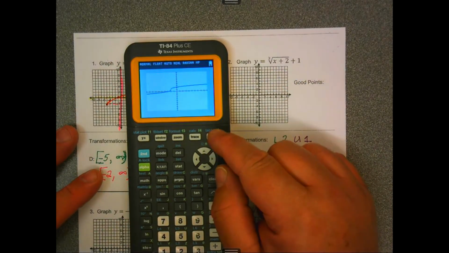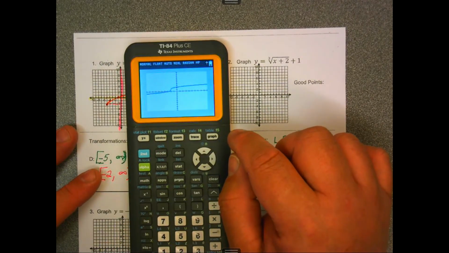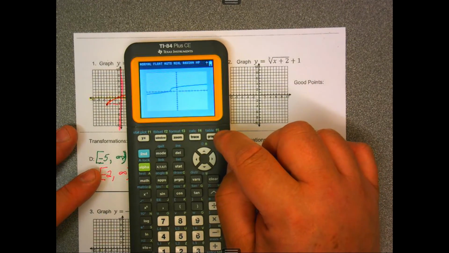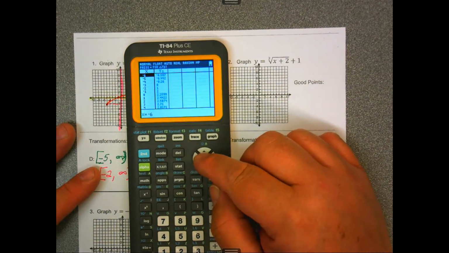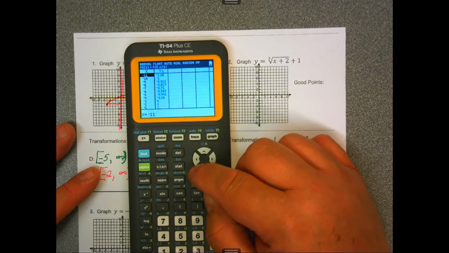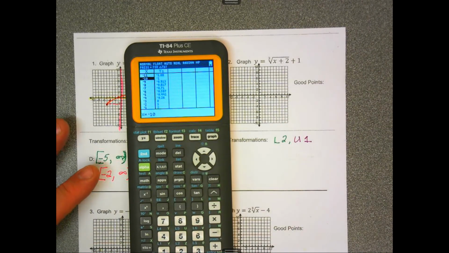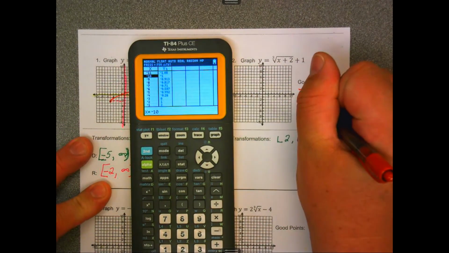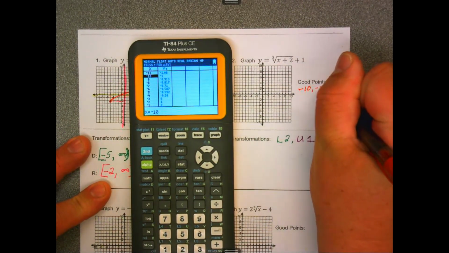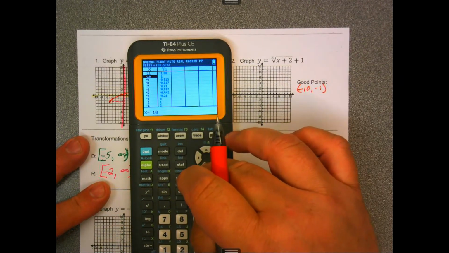I'm going to go to my table here and try to get some good points. Oh, there's a good one. So -10, -1. Let's see, what else?